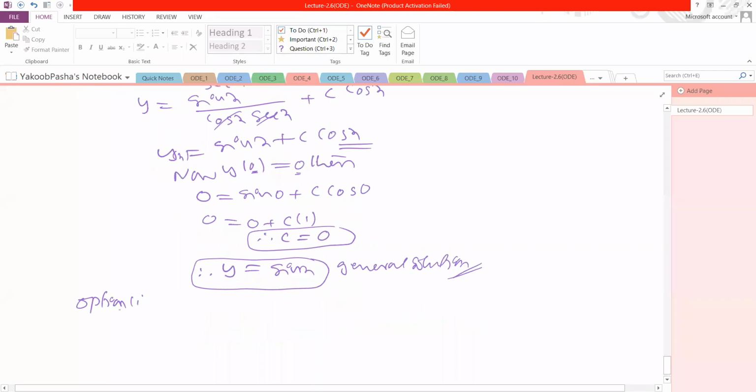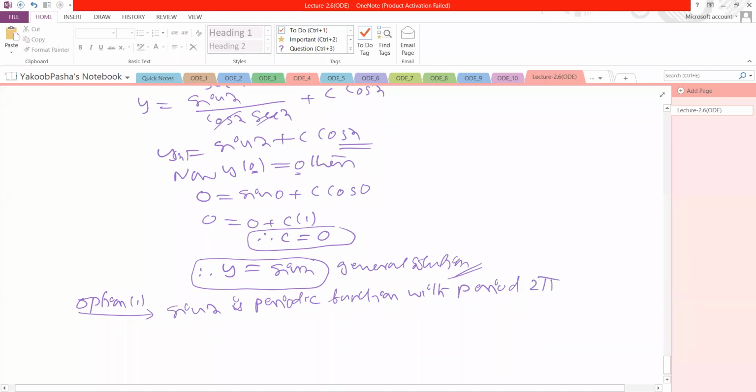Option 1: sin x is a periodic function. As we know, sin x is a periodic function with period 2 pi.